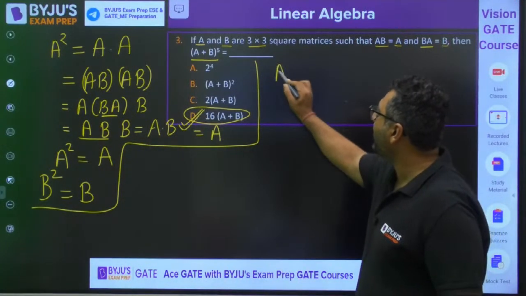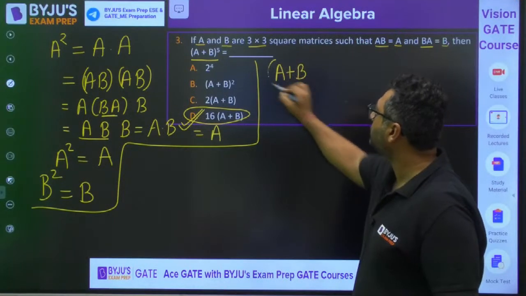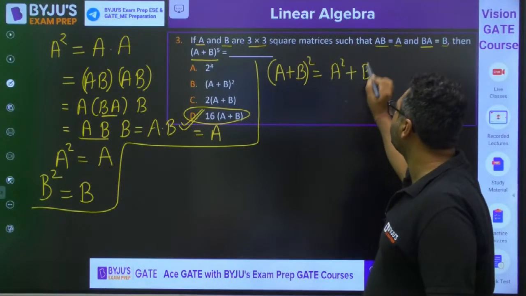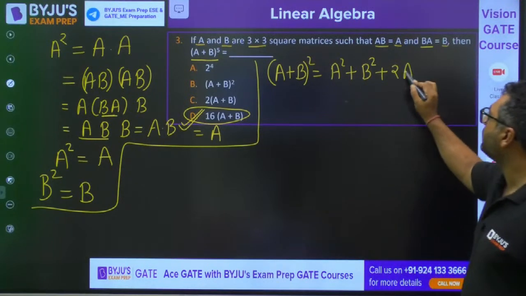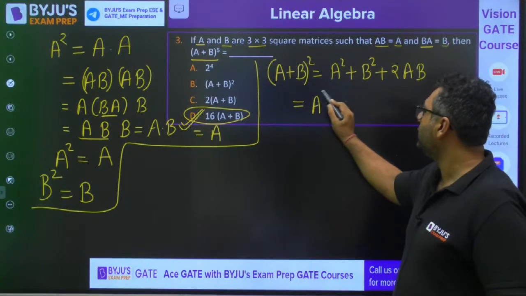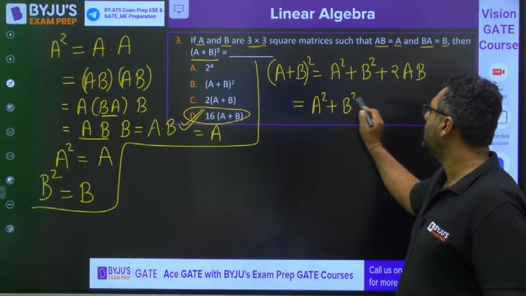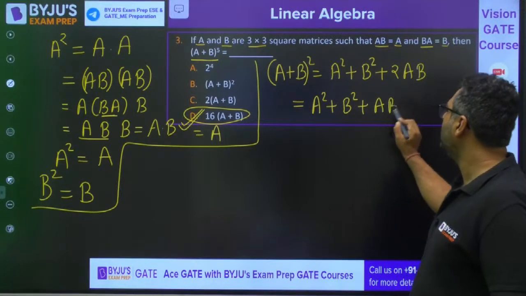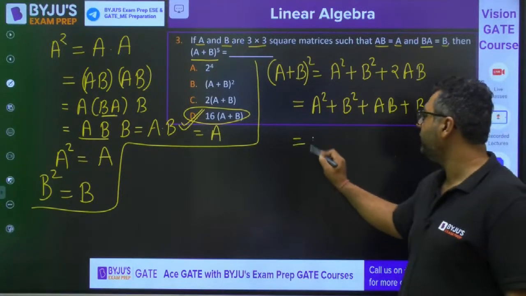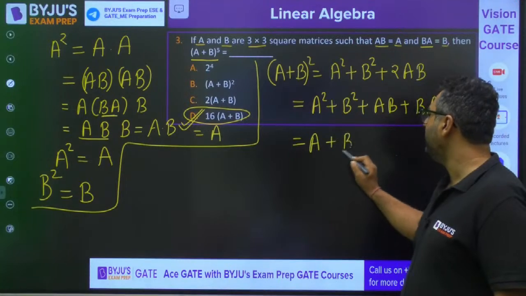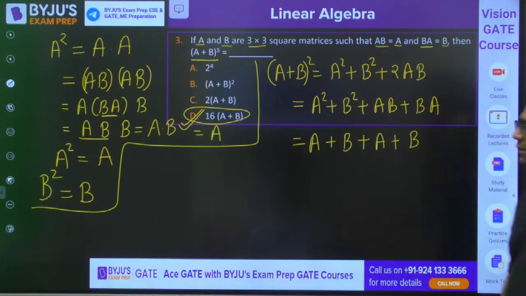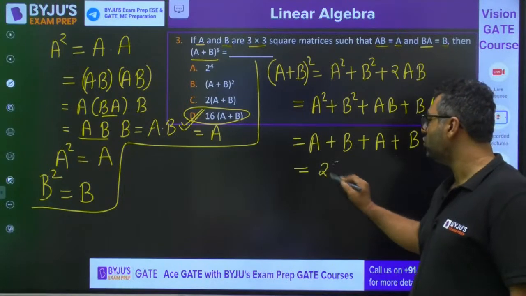Then you can write (A plus B) whole square. It will be A square plus B square plus 2AB, that is, A square plus B square plus AB plus BA. A square is A, B square is B, AB is A, BA is B. So you can write it as 2 times (A plus B).